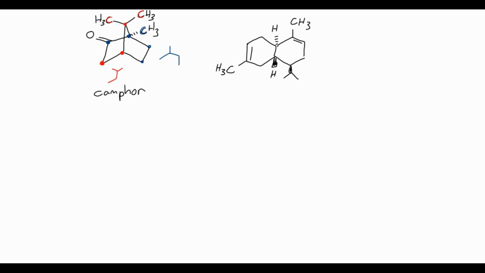Alright, so this one is called beta-cedrene. And this is found in a lot of cedar or juniper trees, part of the essential oil family.